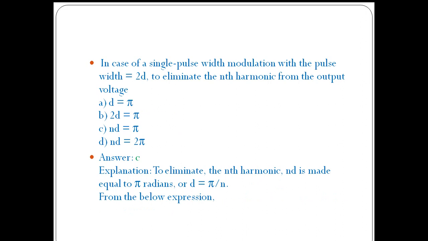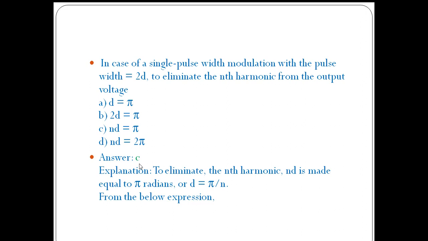In case of single pulse width modulation, with pulse width equal to 2D, to eliminate the nth harmonic from the output voltage: nD is equal to pi, and the width of the pulse D is equal to pi by n.